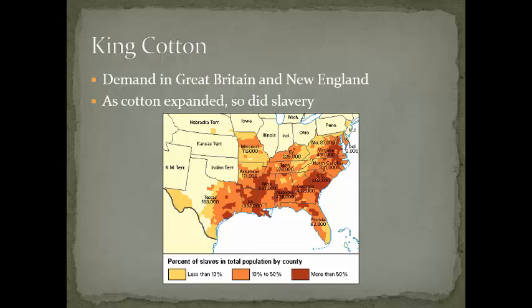That as those traditional cash crops began to die out a little bit, we wouldn't need the labor to work the fields anymore, and so slavery would die out as an institution.